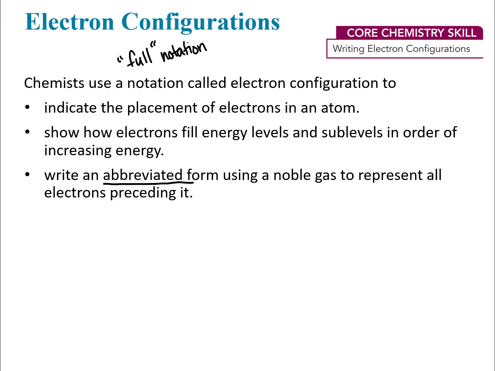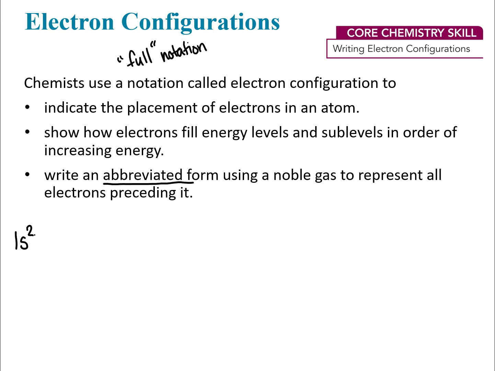Now, as I said, there's an order to how the electrons will fill the energy levels and sublevels. What I'm about to write is going to be the order all the way through, so you can write the electron configuration for the largest element on the periodic table. I will also include the maximum number of electrons that each sublevel can hold. So here we go. You always start with the 1s.